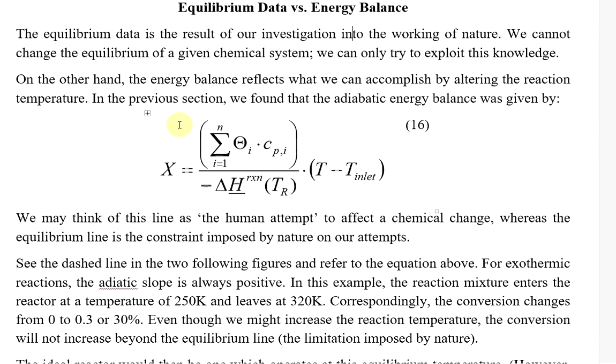Basically, we can read this equation as: if we have achieved a particular temperature in that reactor, given that we had fed the reaction mixture at T in, then we must have achieved a conversion of X. So once more, if we aren't adding heat or shaft work to the system, if our temperature changes from T in to T, then we must have converted this amount X. So this is a nice line that we can draw on our isorate plot.